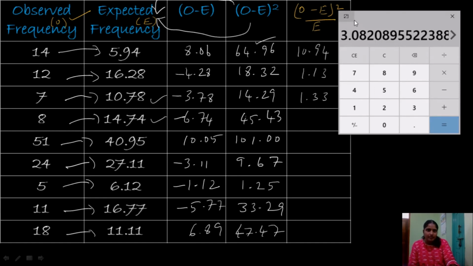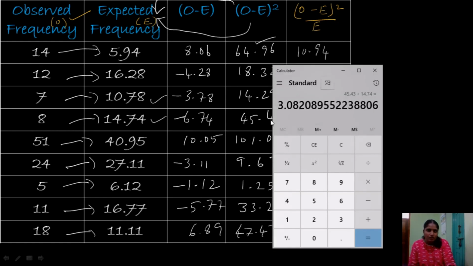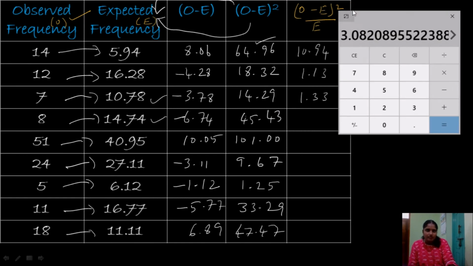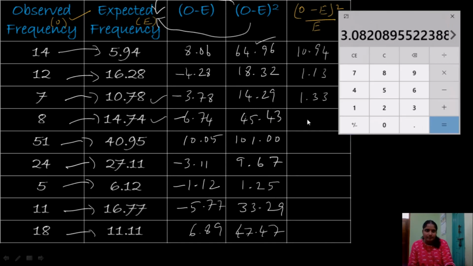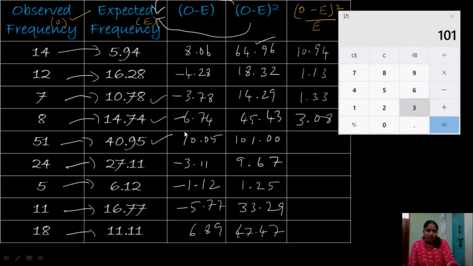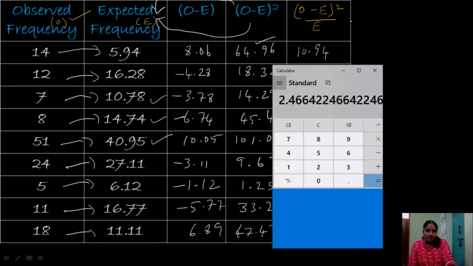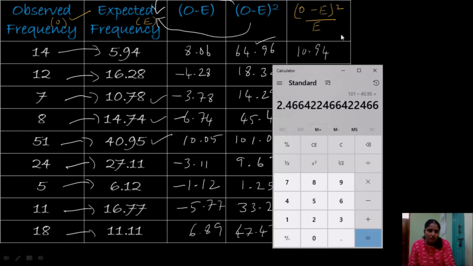So I get the value as 3.08. Then next 101 divided by 40.95, we get the value as 2.466, etc. So by taking 2 decimal places, 2.47.